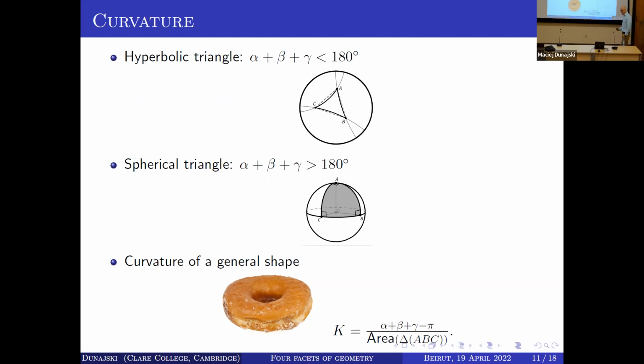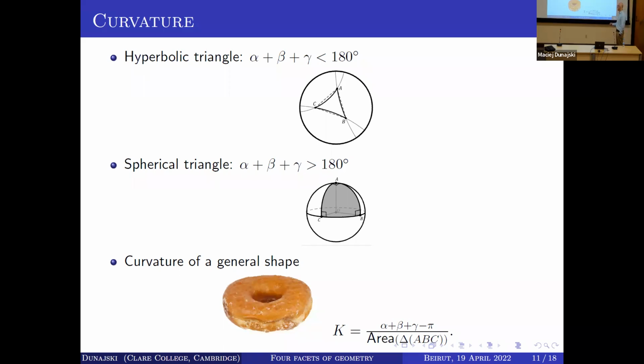So what you do is take a limit where the points coalesce to a single point. If you take this limit carefully, you can compute the sum of the angles minus 180, divided by the area of the triangle, and that gives you a number. This number will always be -1 for the hyperbolic case, or +1 for a sphere, but it's a variable number for a general surface, known as curvature.